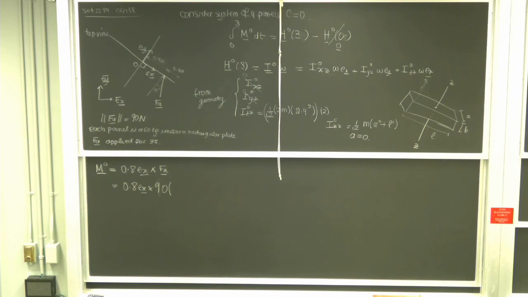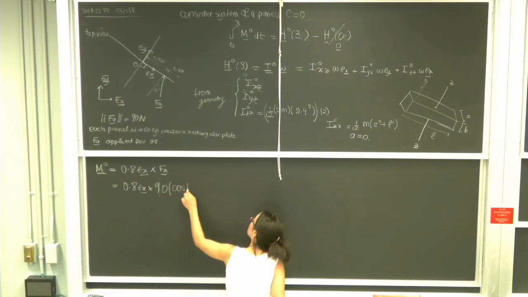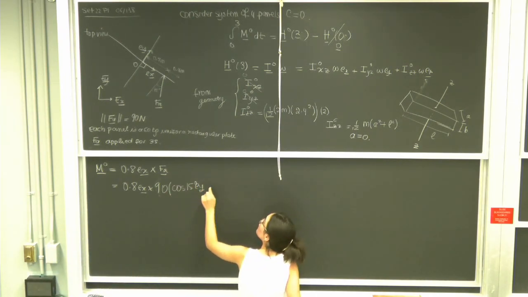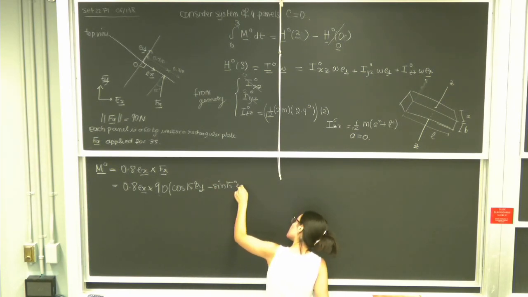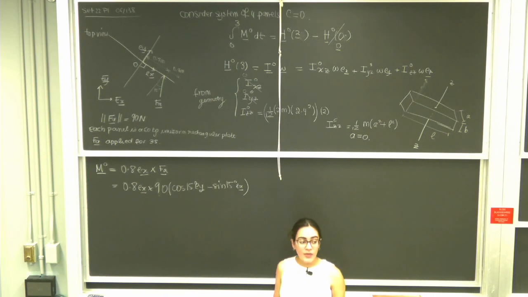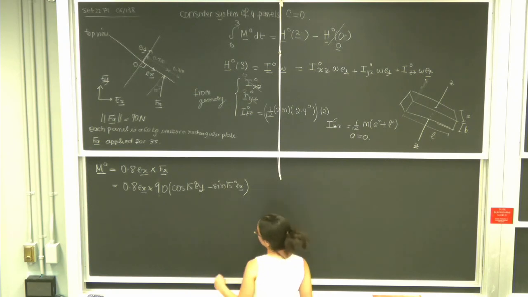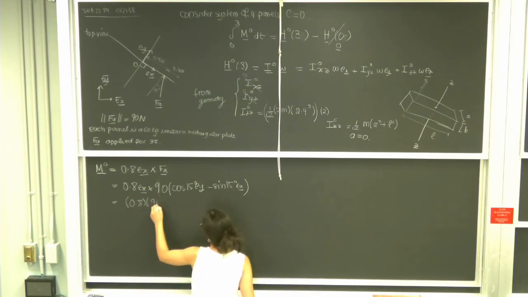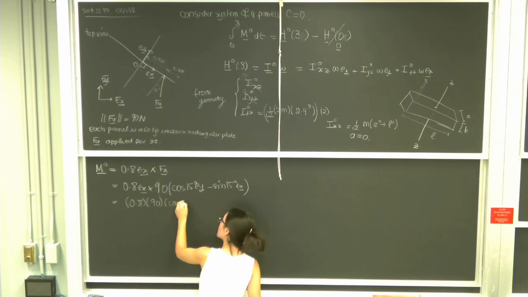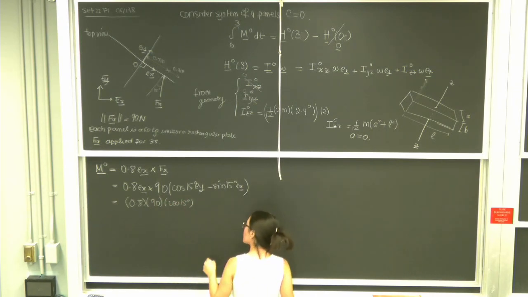Yes? Do we agree? Raise your hand if you agree with this. Okay, cool, awesome. And I can take the cross product. That's going to be 0.8 times 90 times cosine 15. Easy.